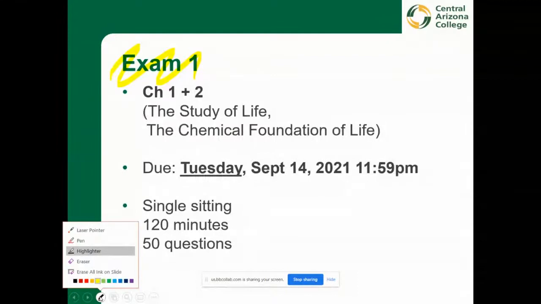The exam will cover the first 2 chapters of our course, so the study of life and then the chemistry aspect that we had a look at.